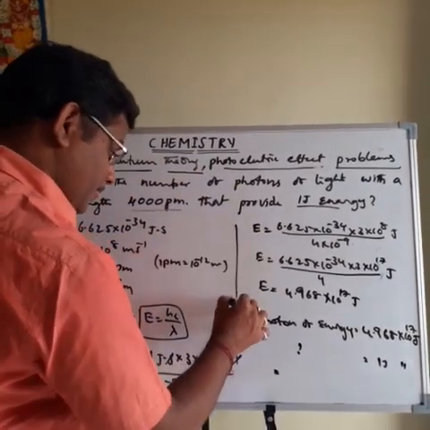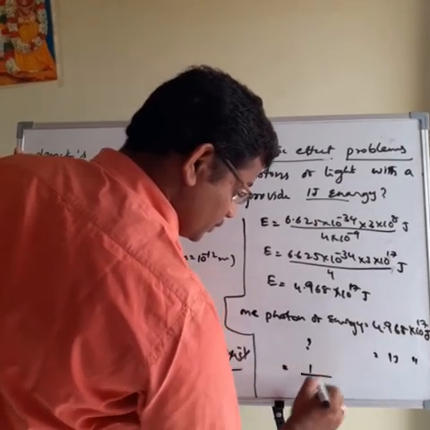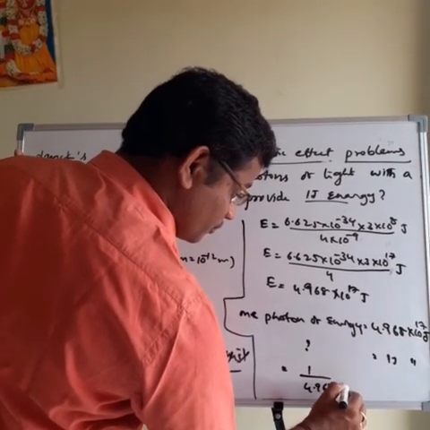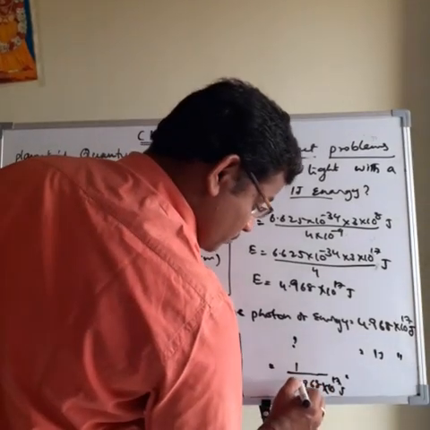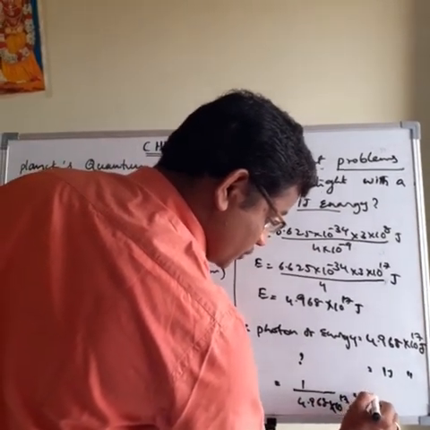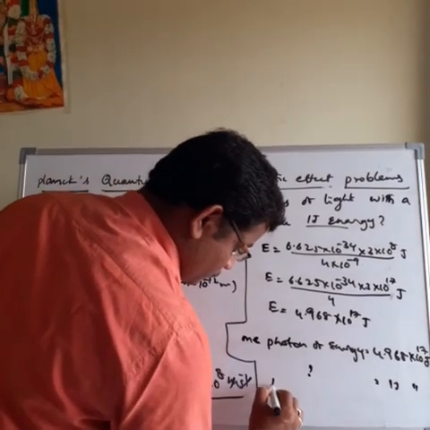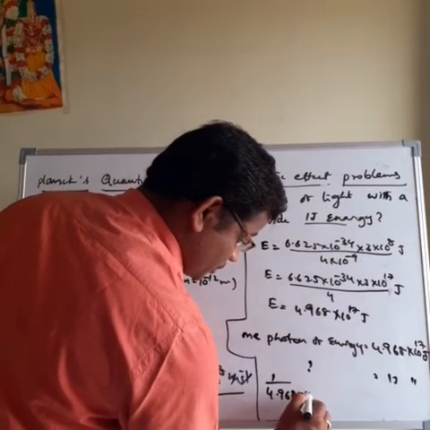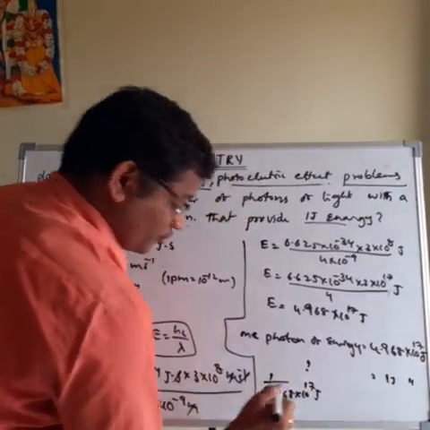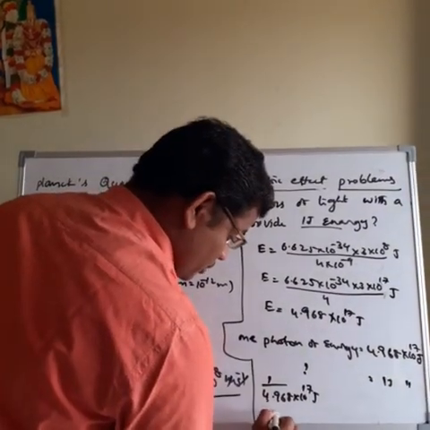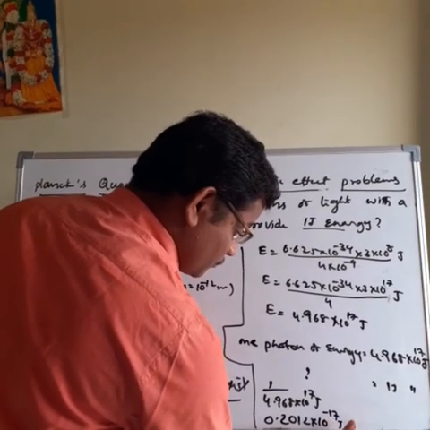Then what do we get? Cross multiplication: 1 photon, 1 joule. 1 into 1 divided by 4.968 into 10 power 17 joule. Then 1 by 4.968, its value is 0.2012, into 10 power minus 17 joule inverse, photons per joule inverse.